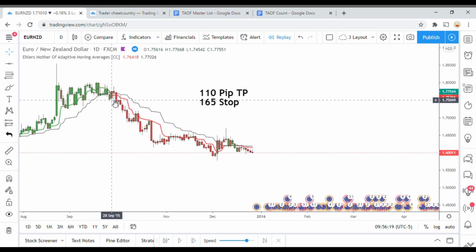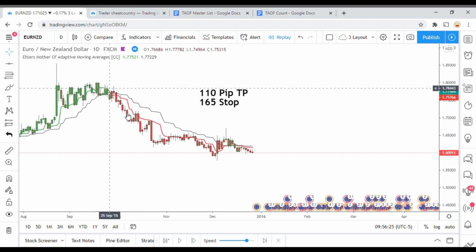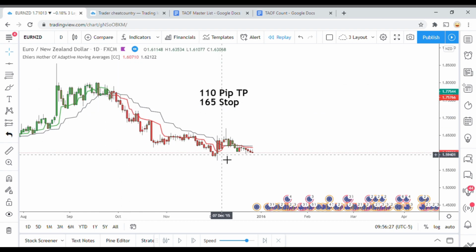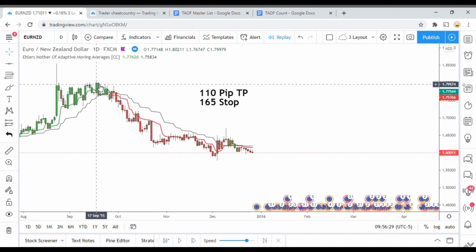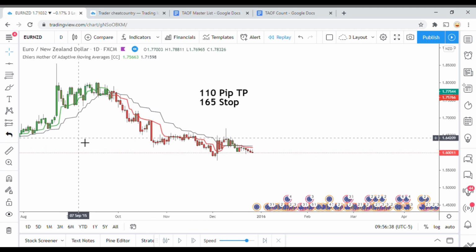As we get red candles and a red MAMA, I should say, that would be a signal to go short. Then when we get one that is green, a green candle and a green MAMA, then it is a signal to go long.